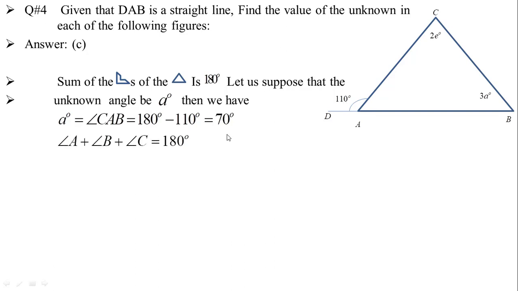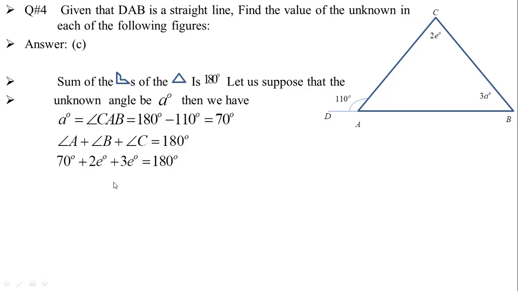Now we can find the other value from the definition of a triangle. The sum of the angles of a triangle is equal to 180 degrees. A degrees plus B degrees plus C degrees is equal to 180 degrees. Putting the values, 70 degrees plus 2E degrees plus 3E degrees is equal to 180. 2E plus 3E is equal to 5E.